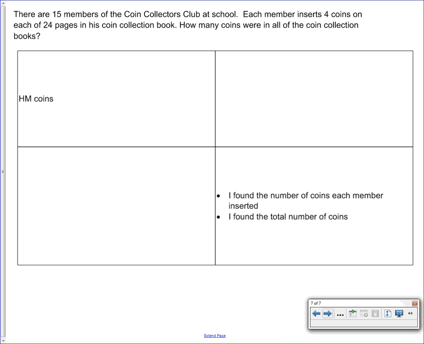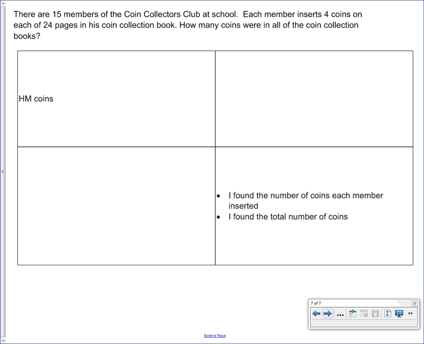Okay? Lastly, let's finish off with a problem. There are 15 members of the Coin Collectors Club at school. Each member inserts 4 coins on each page of 24 pages in his coin collection book. How many coins were in all of the coin collection books? So I'm looking for how many coins. The first thing I'm going to do is I want to figure out how much each member is inserting.